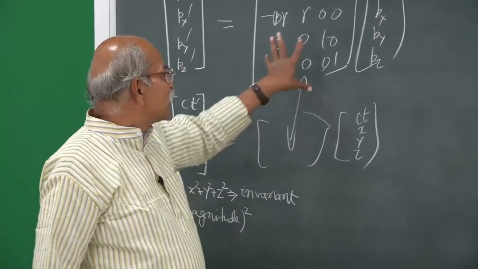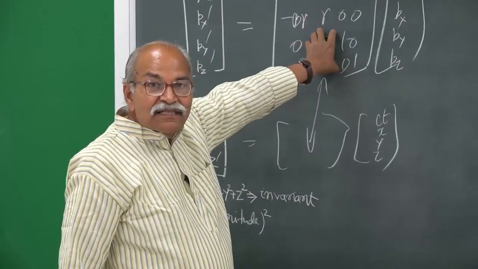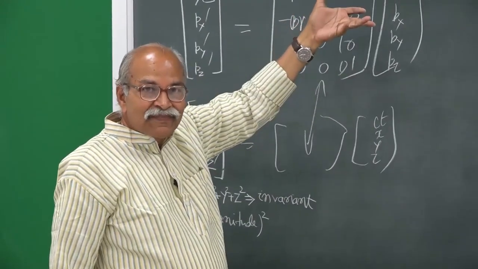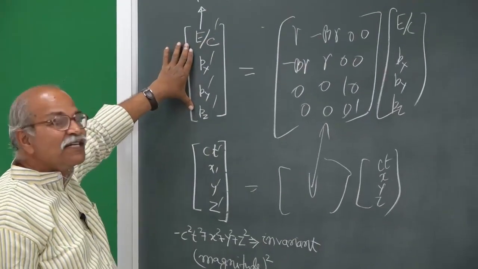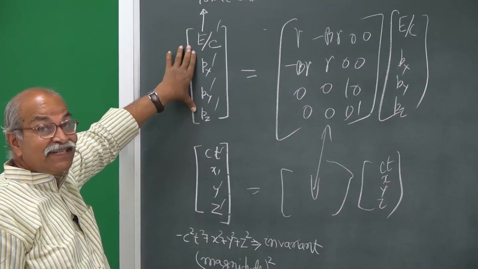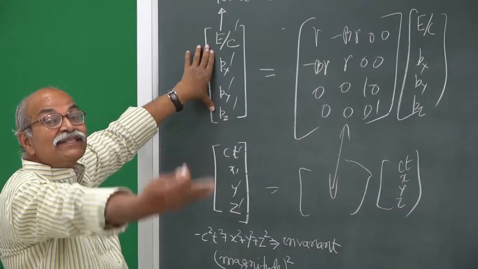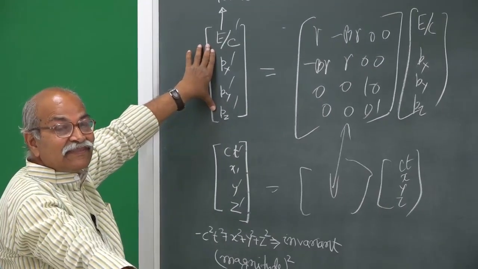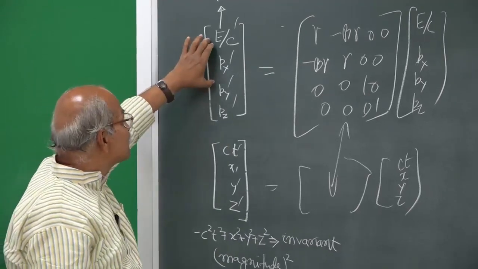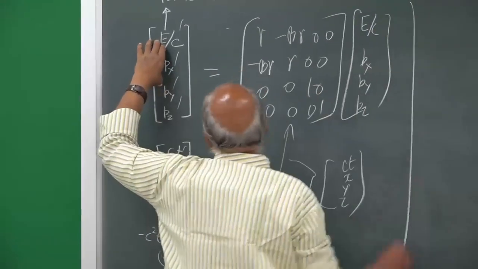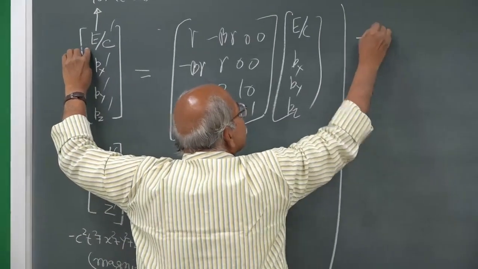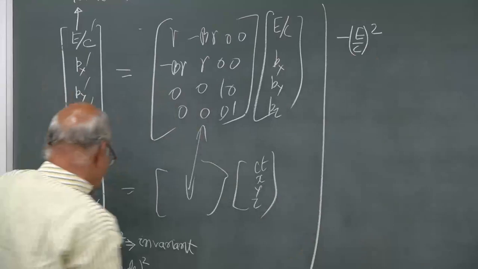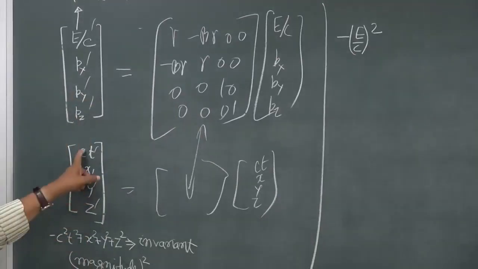Anything that transforms according to this is a 4-vector, and therefore the magnitude square of this will also remain constant when you change the frame S to S prime, just like this. So what is the magnitude square here? The magnitude square here is minus (E by c) square, similar to minus (ct) square.